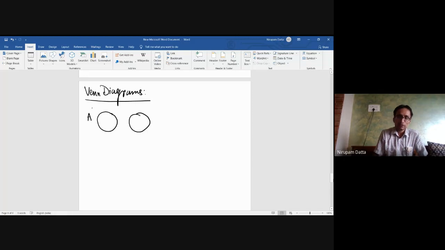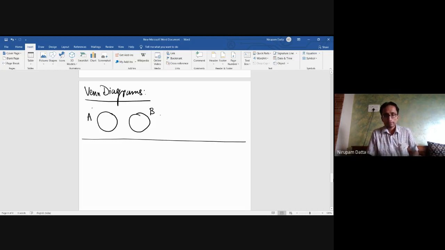This is also a given set, A and B. And we represent a universal set by a rectangle or a square. So this is U, typically, which is the universal set.